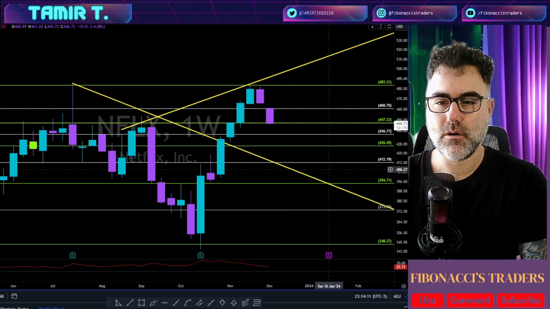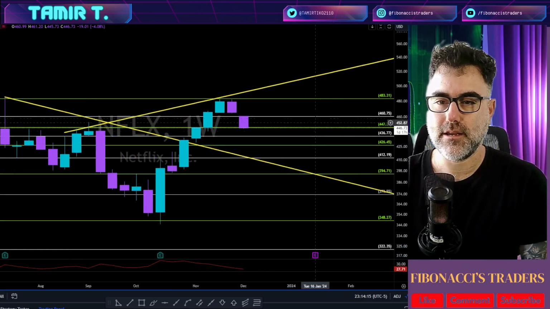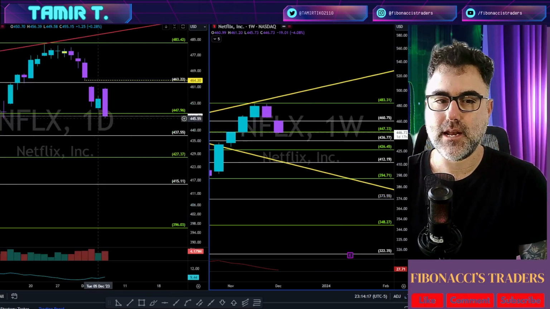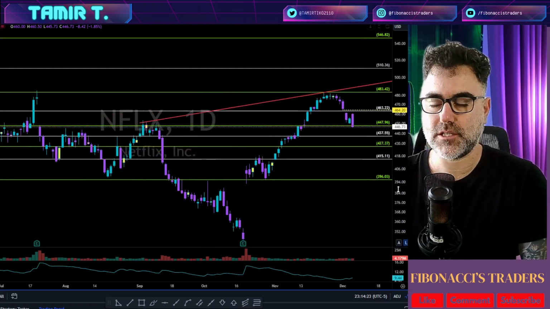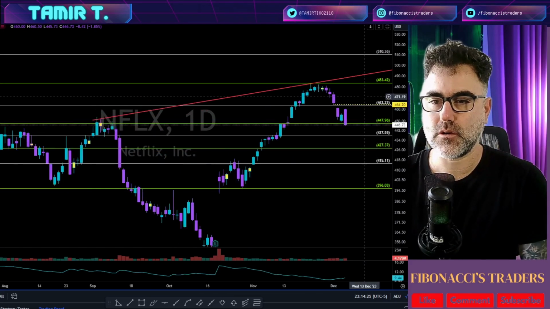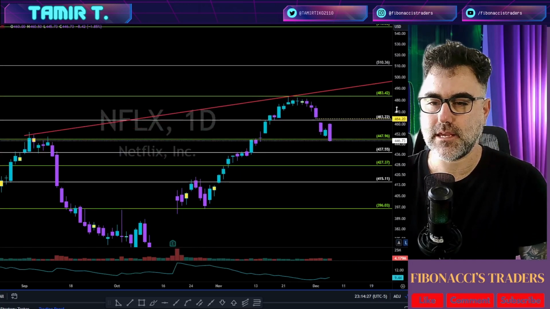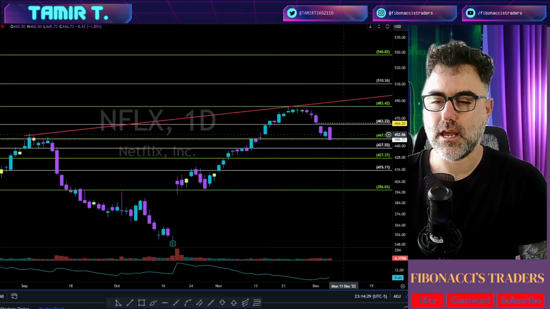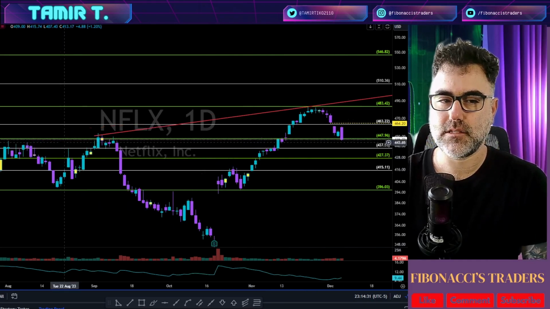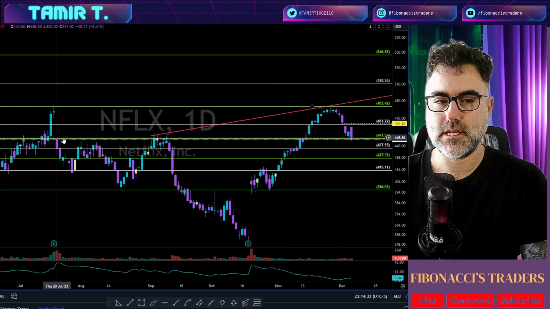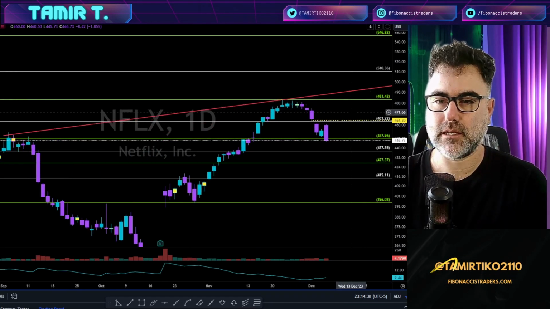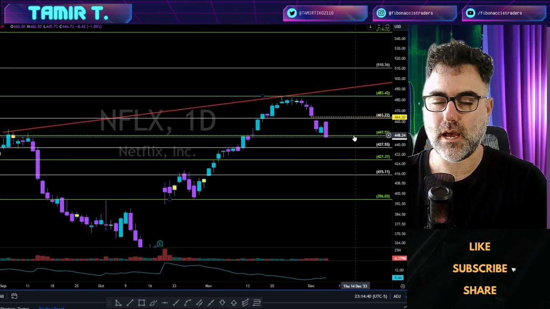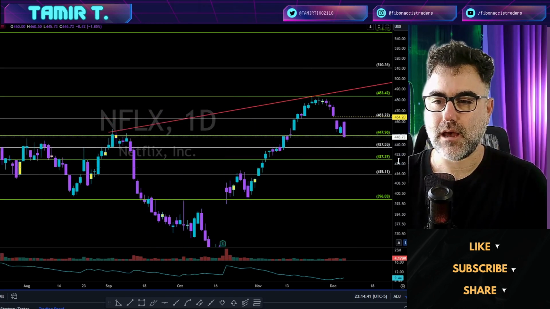Breaking below, we will see this yellow trend line to the downside once again. On the daily, it looks like this. Zoom in, zoom out, Fibonacci, trend lines, and of course, candlestick analysis, aka price action. As you can see, 448 struggling to hold. Resistance now needs to act as support. But it looks like Netflix is on its way south.